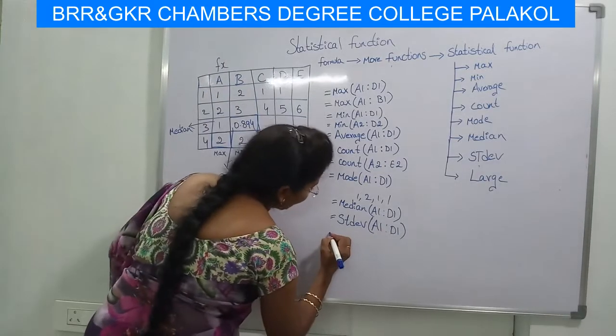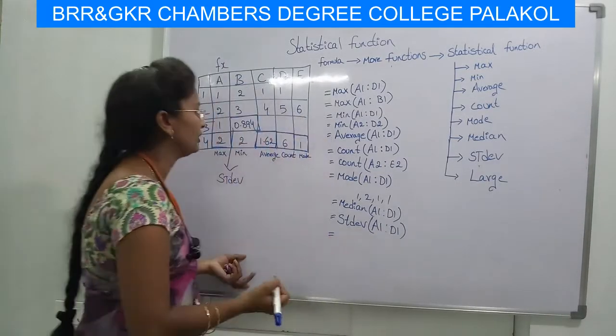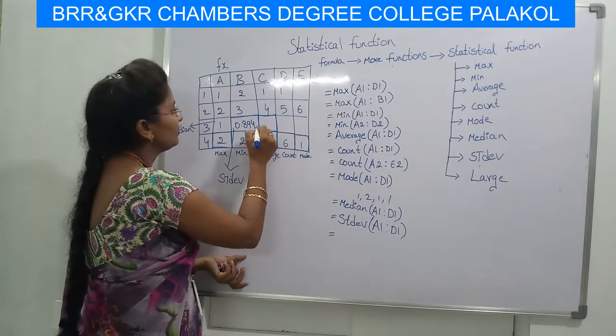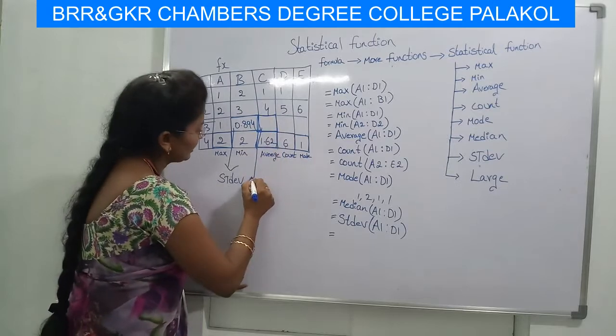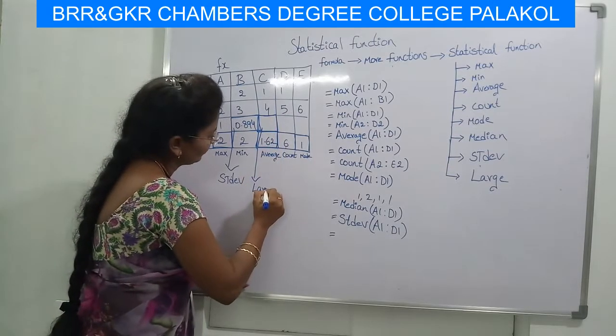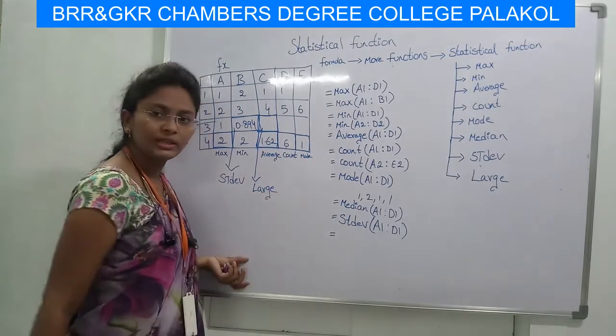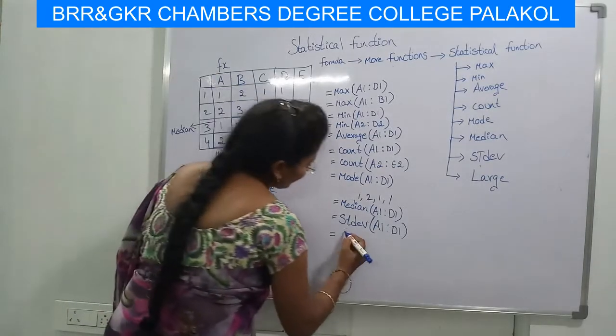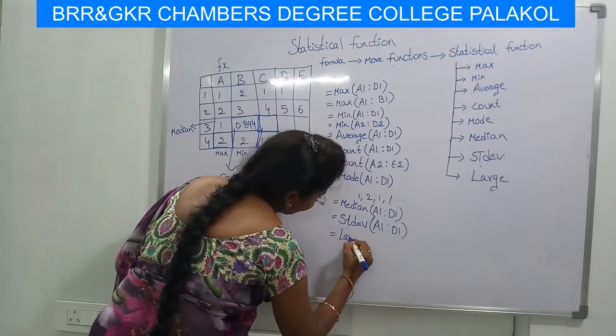Here I am taking the large function. I am selecting this C3 cell, and this C3 cell is for the large result, and I am writing the function here.